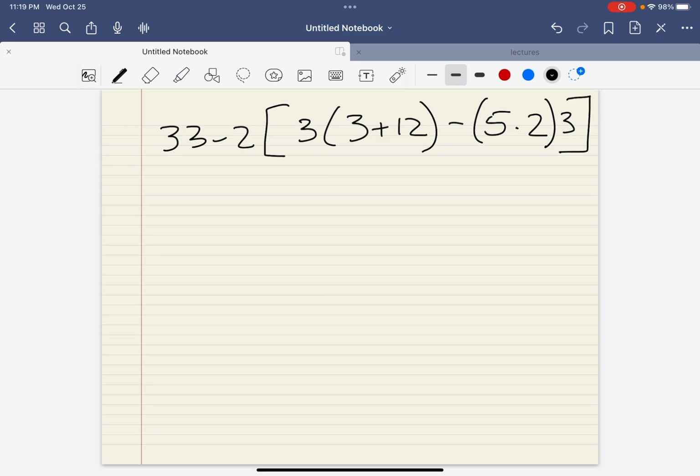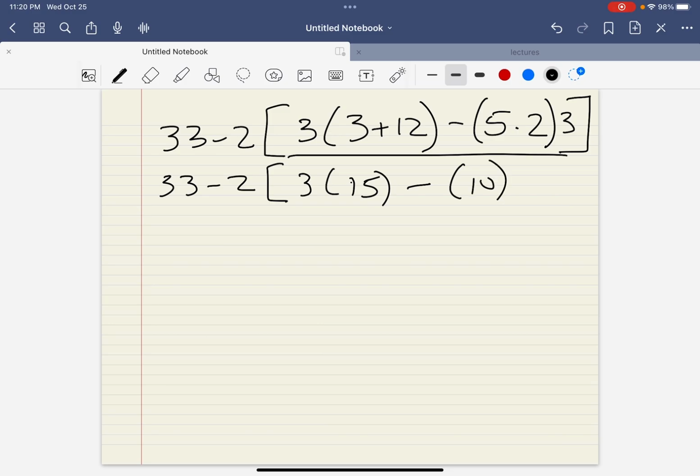So we got a lot to do in here before we can come outside of that bracket. So we have 33 minus 2, bracket, 3. 3 plus 12 is 15, minus 5 times 2 is 10, times the 3.